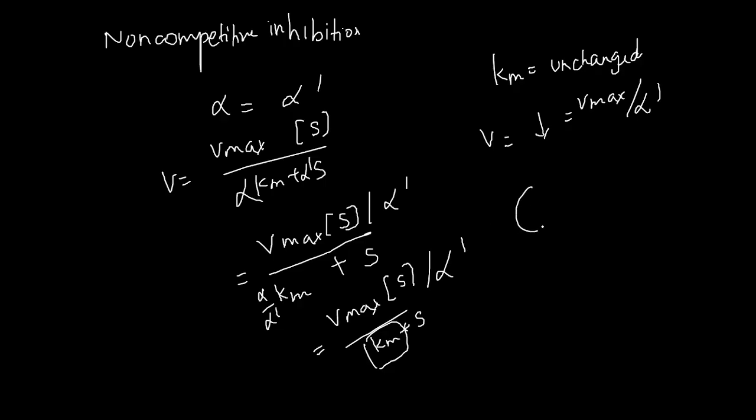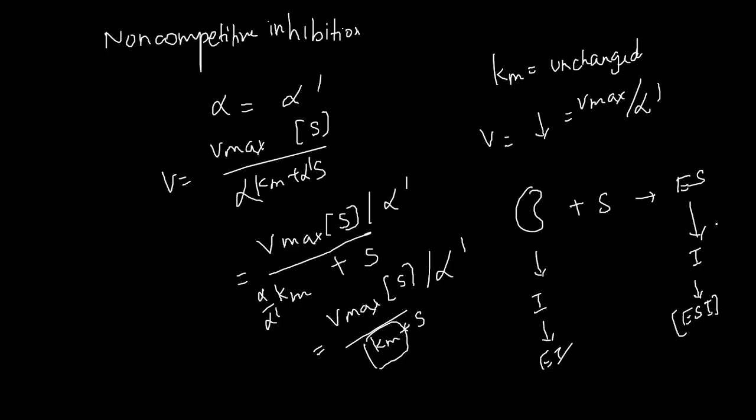Okay, so you have to understand it like this. This is the enzyme and this is the substrate. It is forming the ES complex, and then the inhibitor is binding to the free enzyme and forming EI. The inhibitor is also binding to this ES complex, forming ESI.